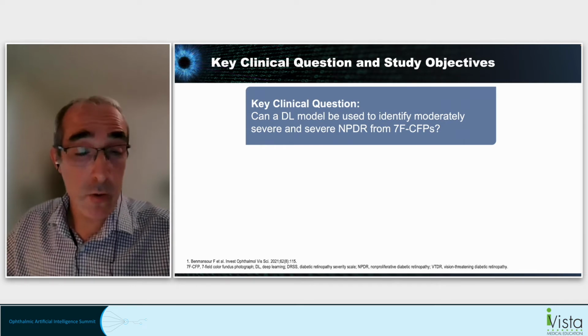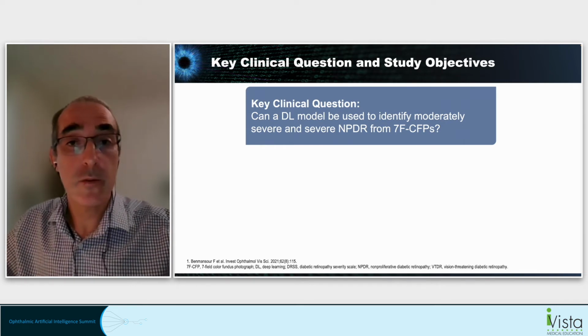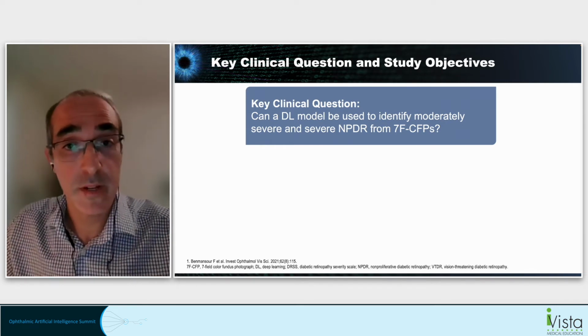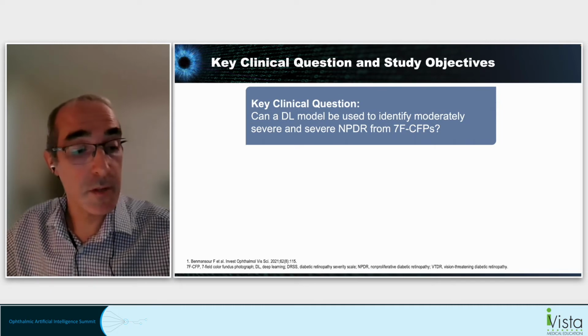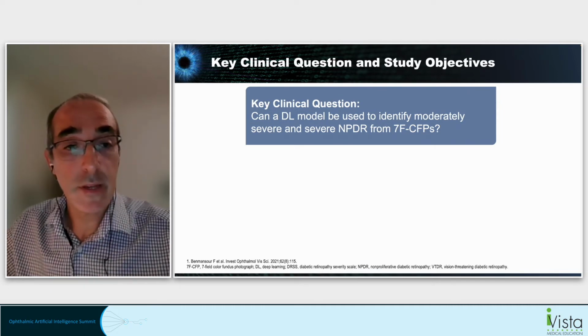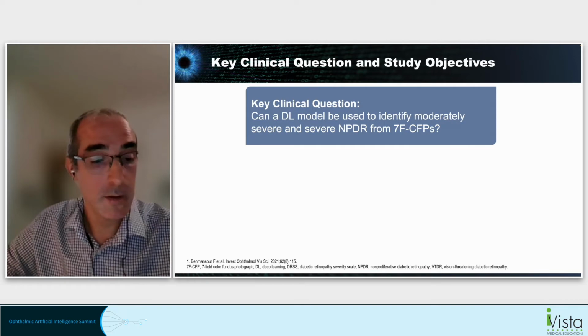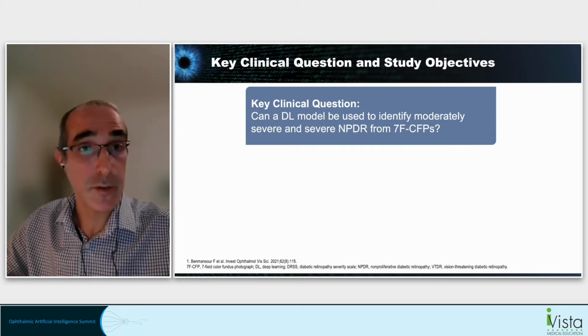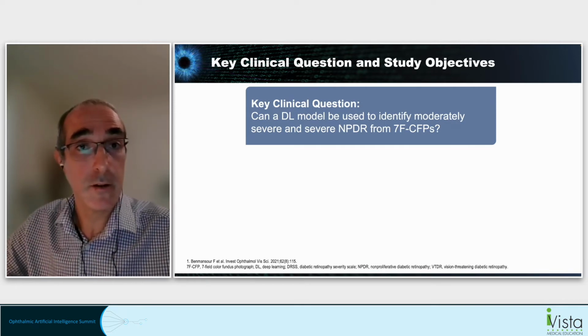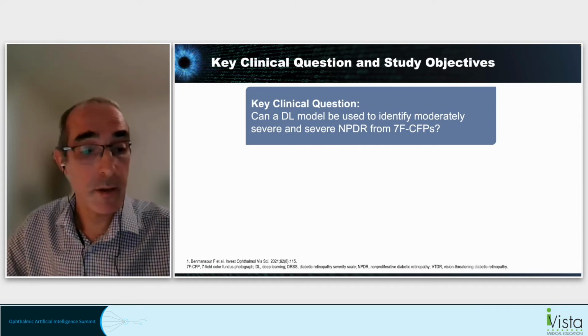So our objective is to develop an AI model to identify moderately severe to severe NPDR from color fundus photos. We previously developed such DL models, and we reported the results at last year's Ophthalmology AI Summit.